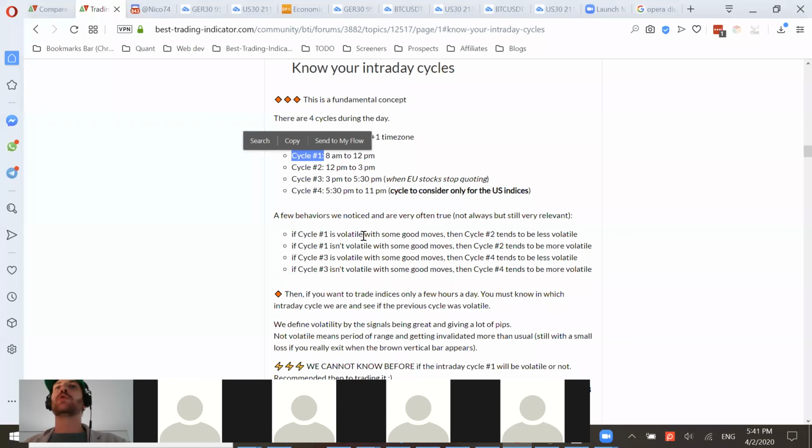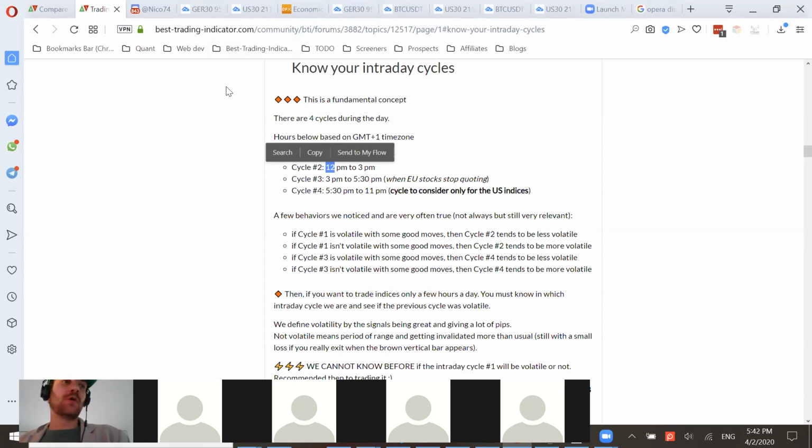we consider the cycle volatile, and for the next cycle, from 12 p.m. to 3 p.m., is it likely to be volatile? Normally, no. So do we tell you to not trade the cycles that are likely to not be volatile? No, but if you trade them, you should wait for a bigger pullback.